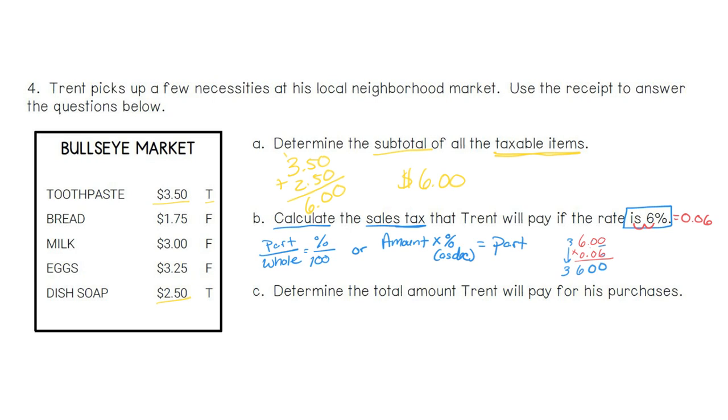I have 1, 2, 3, 4 digits behind a decimal in my problem. So looking at the answer I got, I'm going to start here and go 1, 2, 3, 4. This is where the new decimal will go. So the amount of tax that Trent will pay, if the tax rate is 6% on that $6, is $0.36.